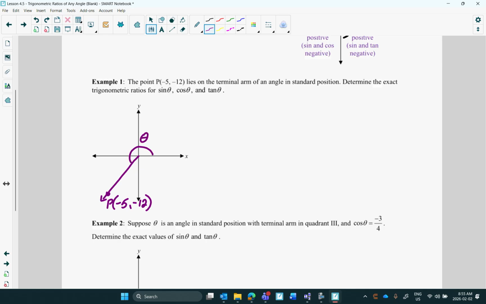Well, in order to find the trig ratios, which we're asked to do, we need a right triangle. How do we create a right triangle? Well, in quadrant 3, we draw a vertical segment up to the negative x-axis, and here we go.